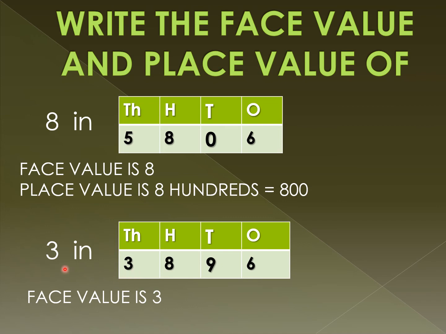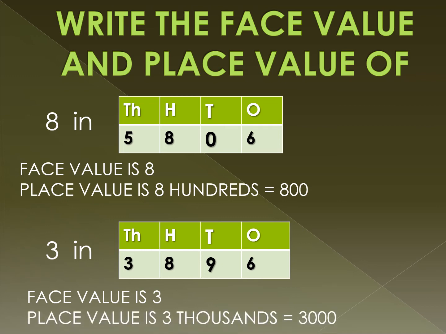The place value will depend upon the position of the number. Here 3 is in the thousands place. So the place value of 3 will be 3 thousands. That is 3,000. 3 followed by 3 zeros. So that is how we write the face value and place value of a digit in a number.